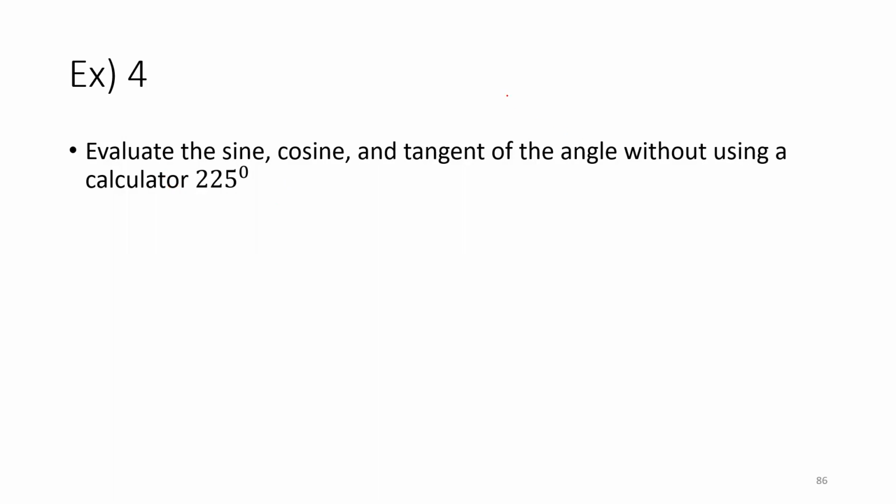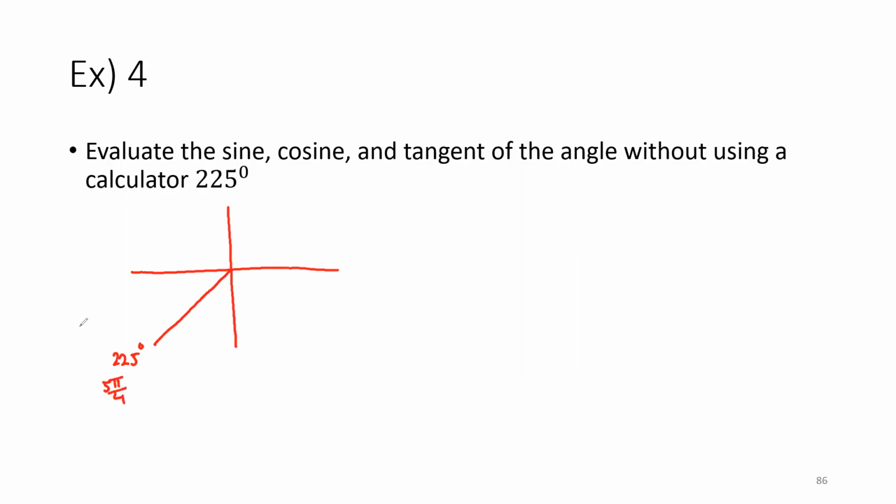Okay, so let's first figure out where 225 degrees is within the unit circle. Okay, so 225 degrees is in quadrant three. It's also 5 pi over 4.